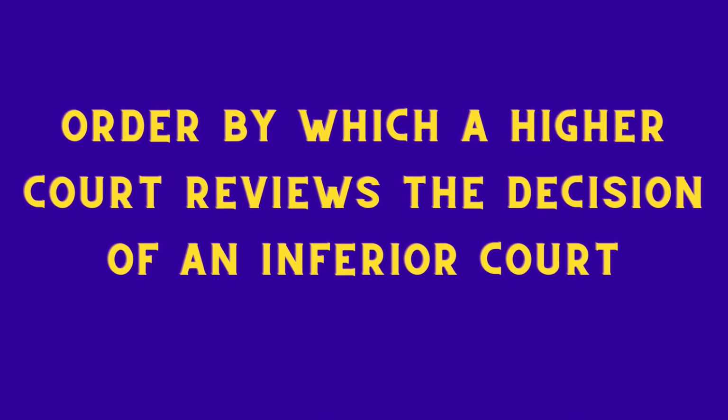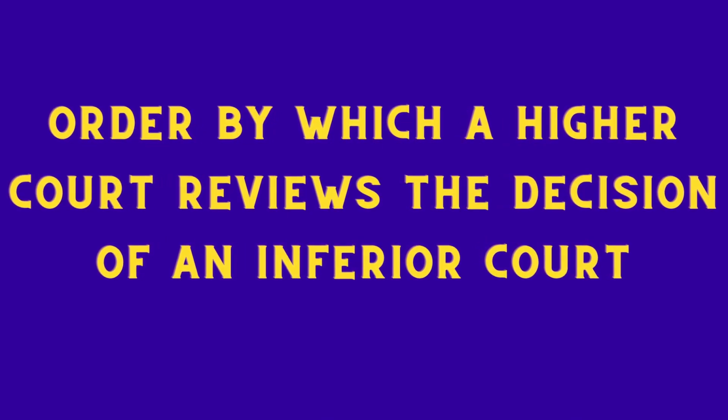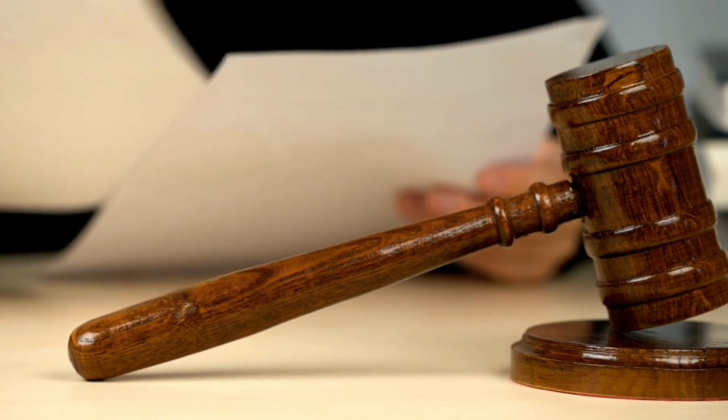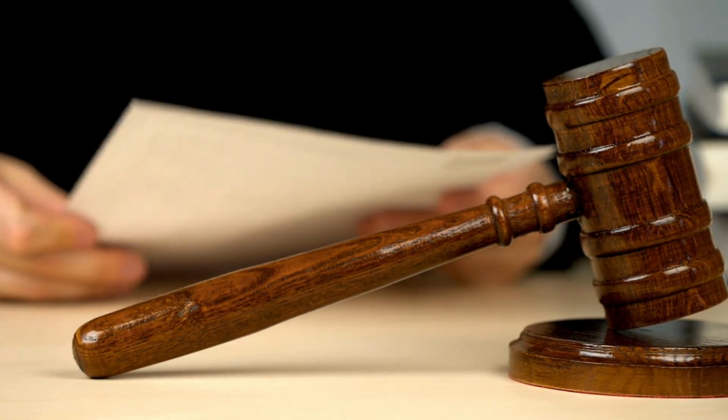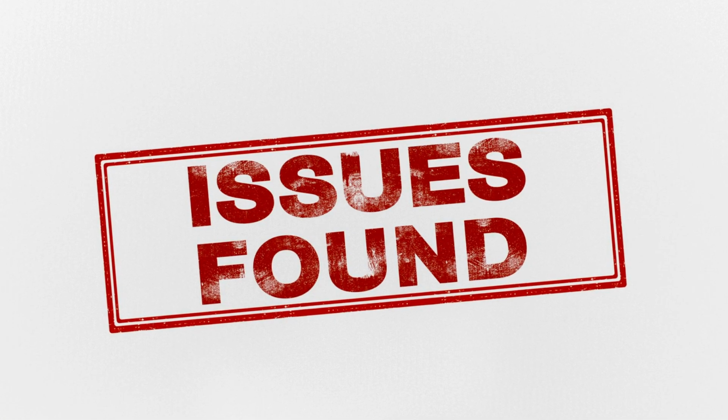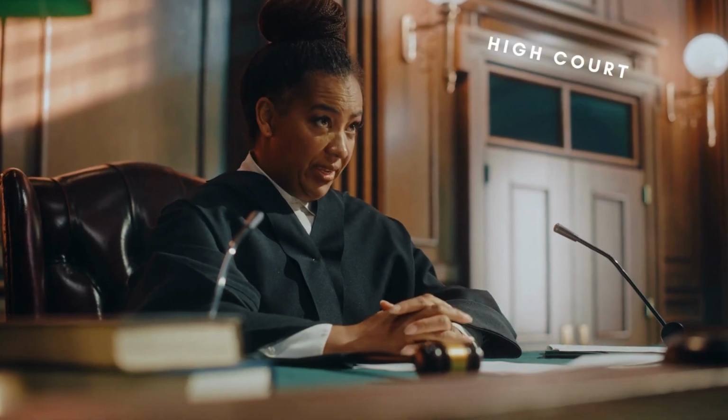Here, the aggrieved party can file a writ of certiorari in the Supreme Court or High Court, and after assessment of the petition, if the court feels that the lower court has acted in excess of its jurisdiction or capacity, then it can issue a writ of certiorari to quash the order or the judgment of the lower court or tribunal.